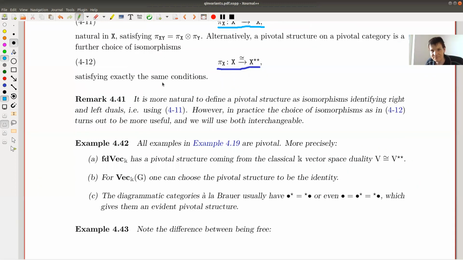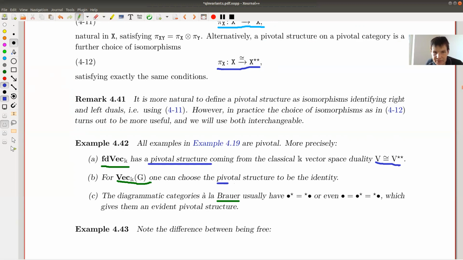Yes, and all the examples we kind of care about, Brauer, graded vector spaces, finite dimensional vector spaces, are pivotal categories. And the classical duality would be a pivotal structure, for instance, for finite dimensional vector spaces.